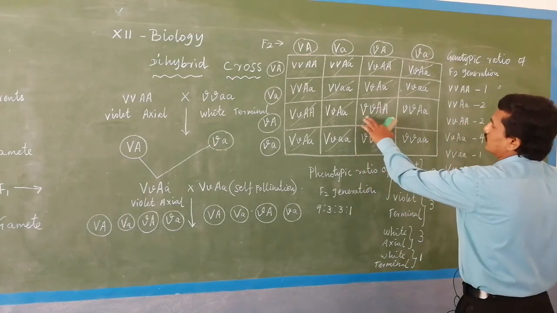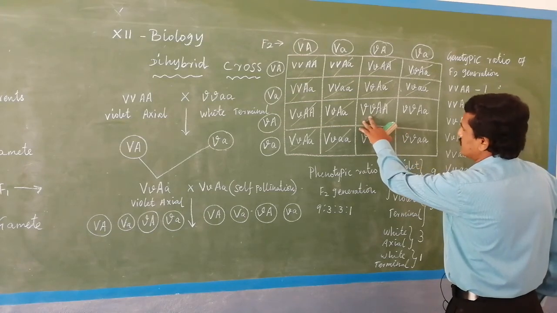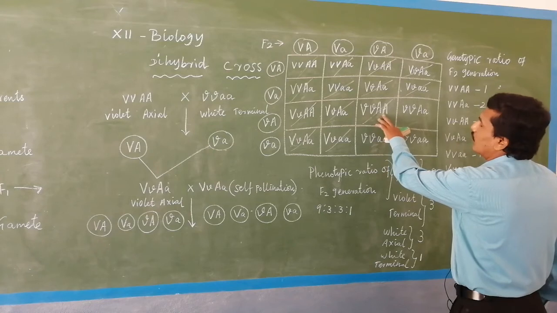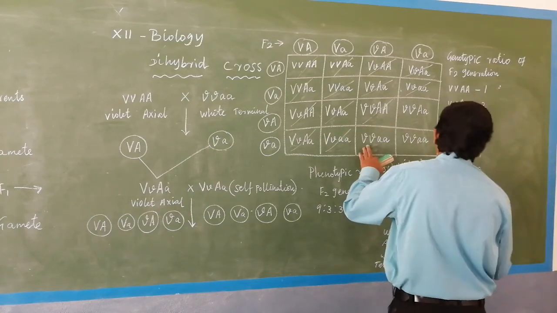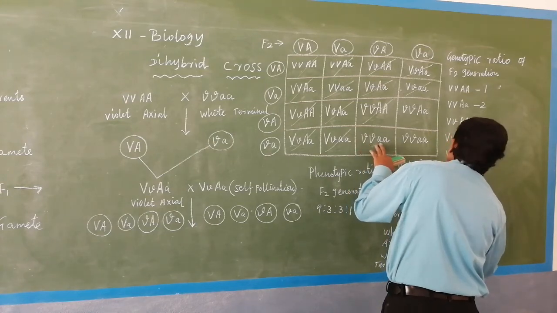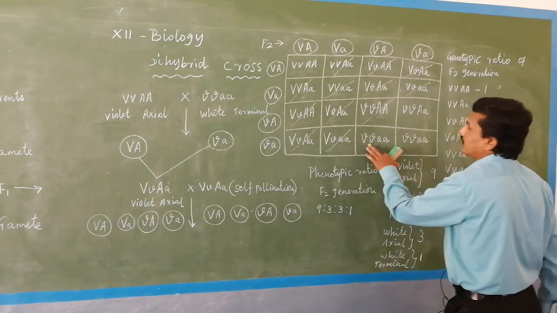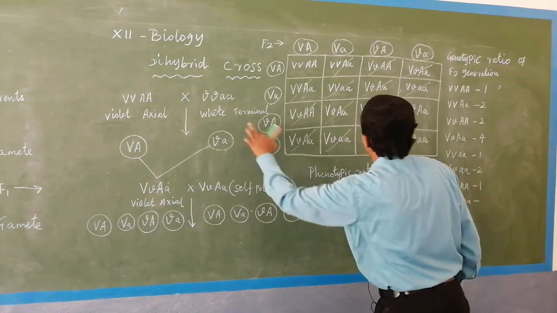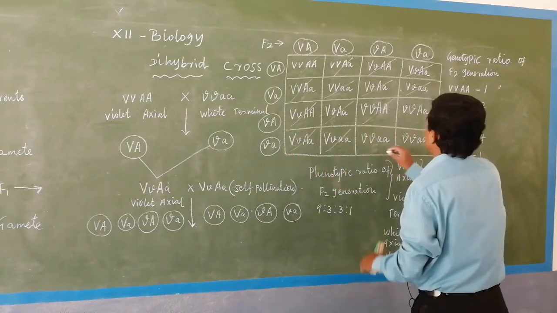This is homozygous white and homozygous axial. Then next one here, small v, small v, small a, small a. This is homozygous white and homozygous terminal.